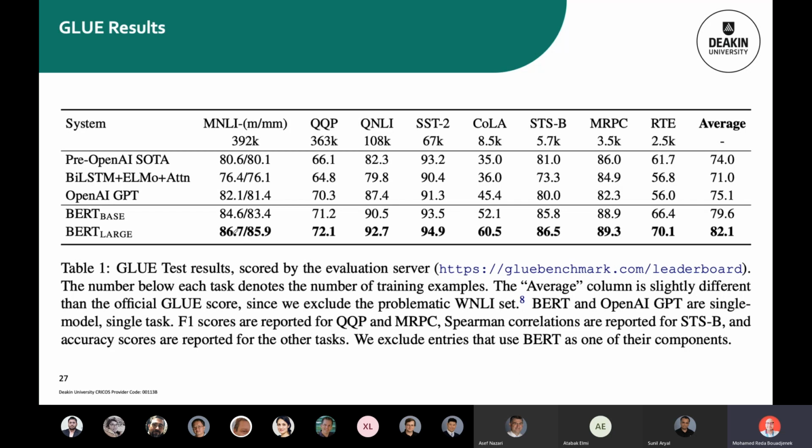BERT was trained over generic tasks, the masked language model and the next sentence prediction, and then just fine-tuned over these specific tasks, and it was able to outperform some of its competitors significantly. This is BERT base, and this is BERT large, and for all tasks, as you can see, it's sometimes outperforming all its competitors really significantly, like on this one.